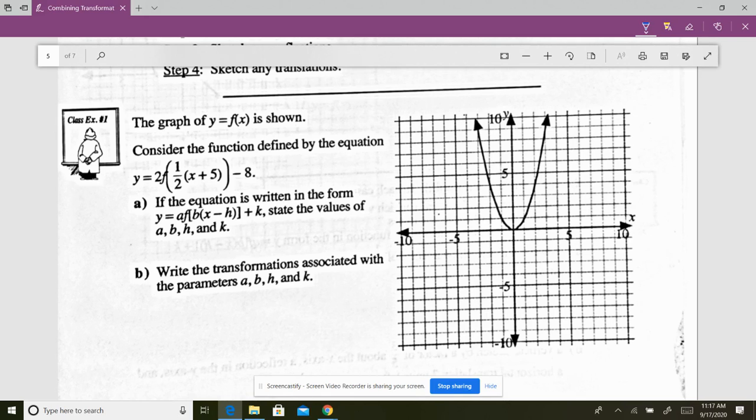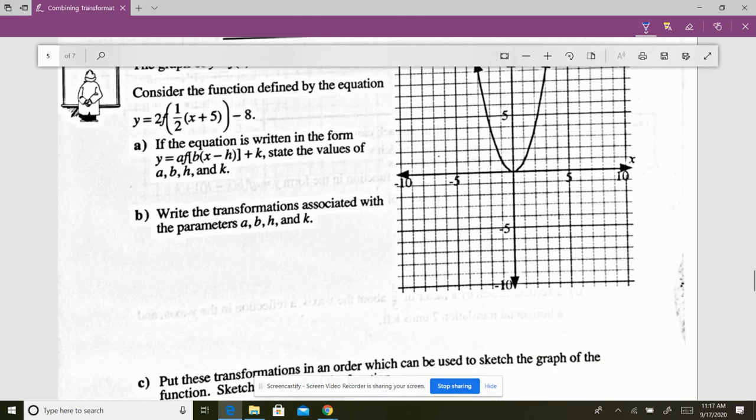So we have our parabola. That's what we've done to it. So we're going to sketch this. Okay. So first of all, let's write out everything that we've done. So A equals, B equals, it's not C, it's H and K. Okay, what's my A value? 2. What does that mean?